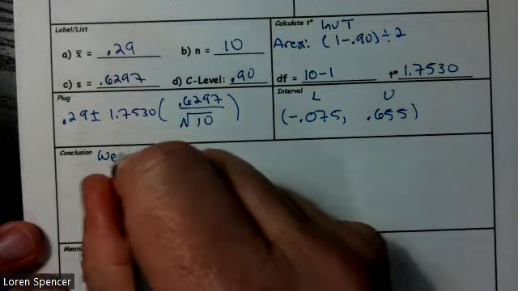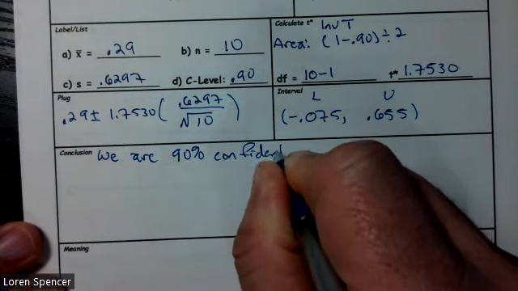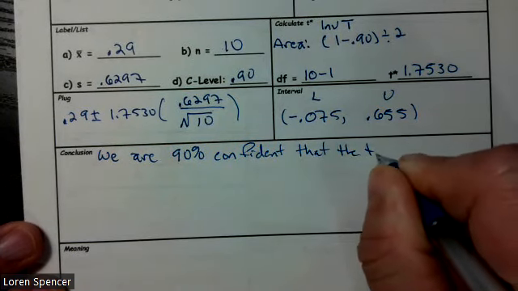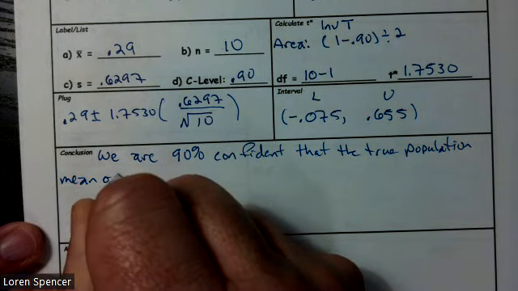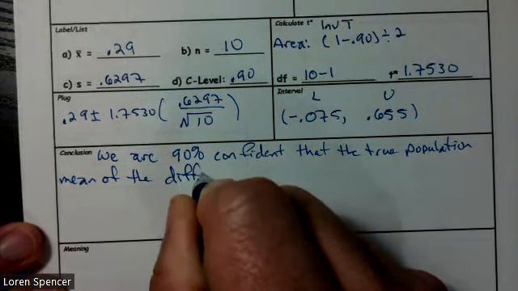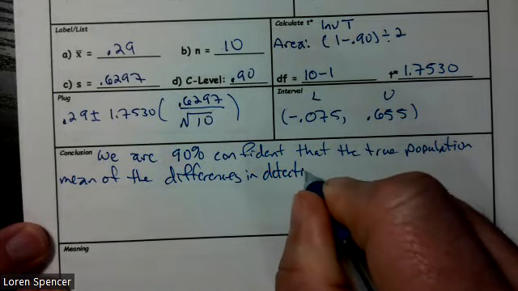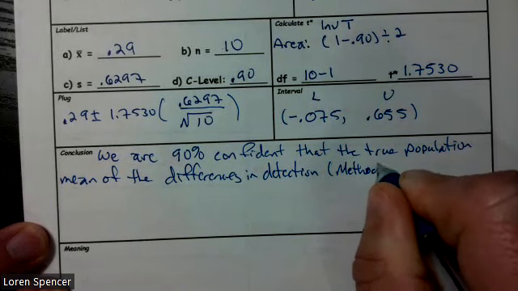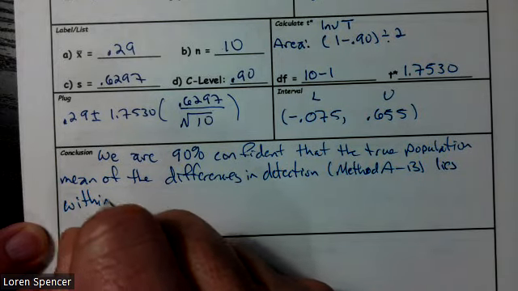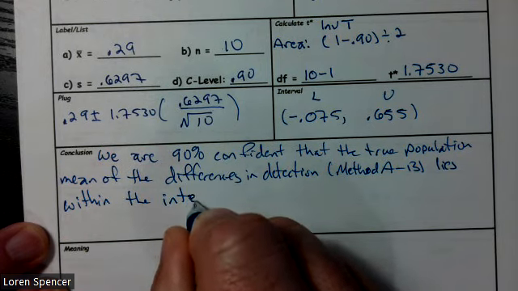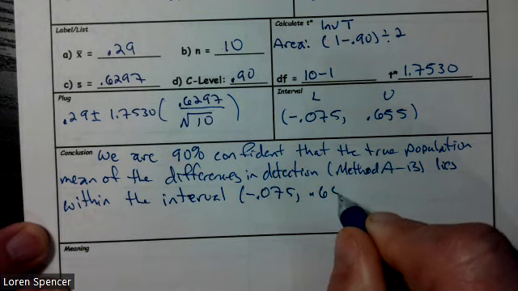So we are 90% confident that the true population mean of the differences in detection, method A minus B, lies within the interval negative 0.075 to 0.655.